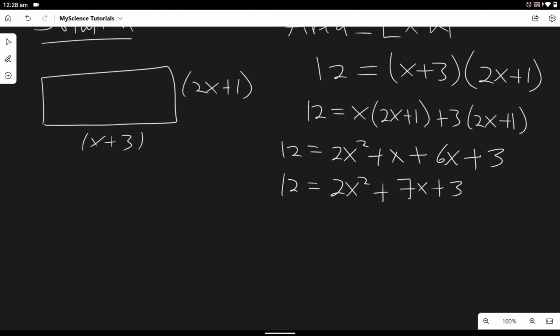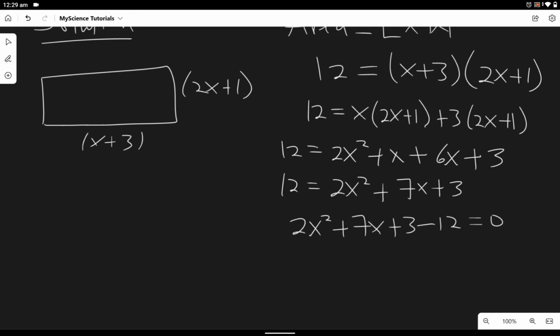So from here we can bring the 12 to the other side of the equal sign, so we can equate it to 0. So we can have 2x squared plus 7x plus 3 minus 12 is equal to 0, which means we brought the 12 to the left-hand side.